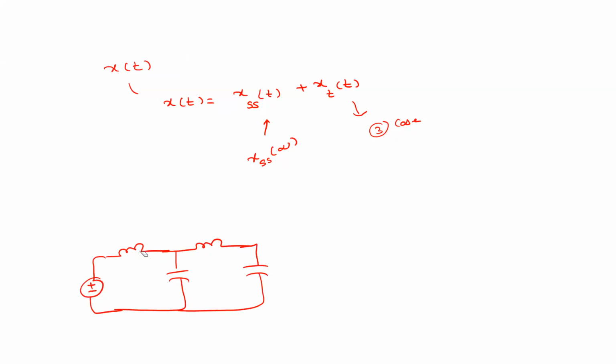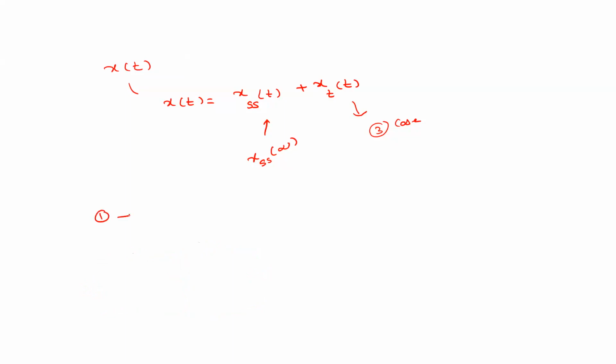Ultimately, what is the first step? We need to identify the circuit, and after that see whether it is a series RLC circuit or a parallel RLC circuit. If it is a series RLC circuit, we need to see whether it is with source or without source. Here also, with source or without source.